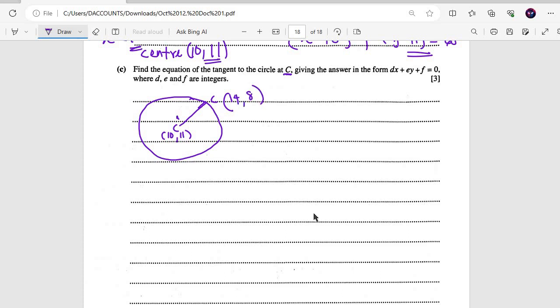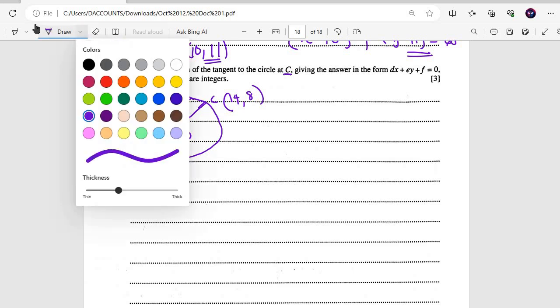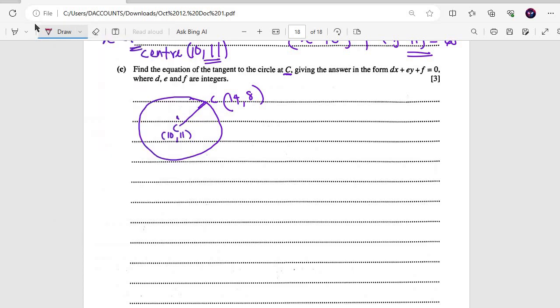Now you are looking for the equation of the tangent. What's a tangent? A straight line that touches just one point on a circle. That's a tangent. So this is the tangent line.